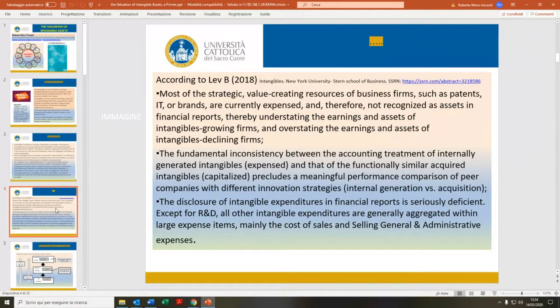For all these reasons, the disclosure of intangible expenditures in financial reports is seriously deficient. Except for R&D, all other intangible expenditures are generally aggregated within large expense items, and they are very difficult to detect inside.